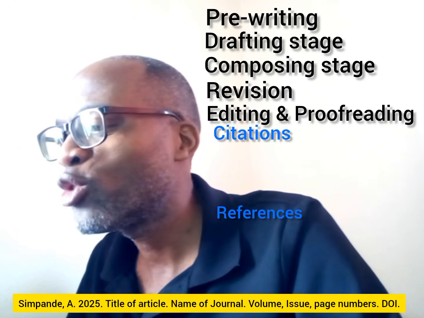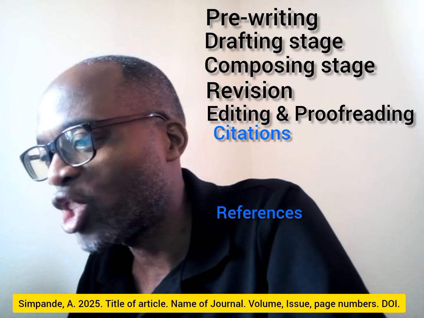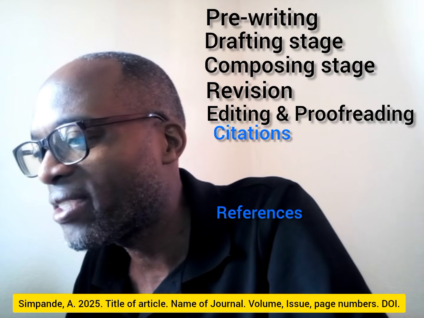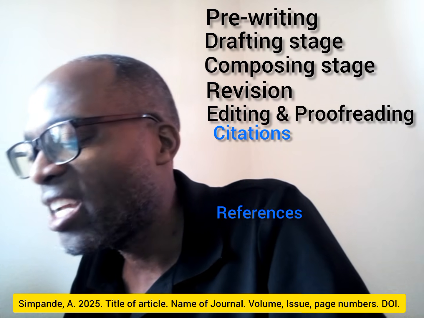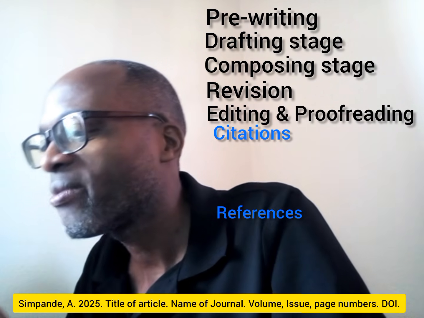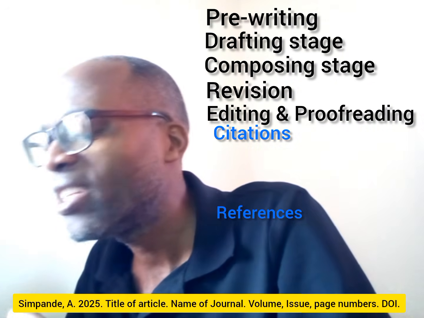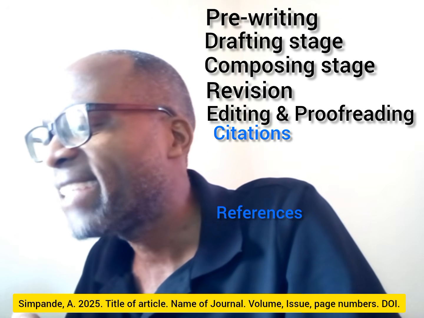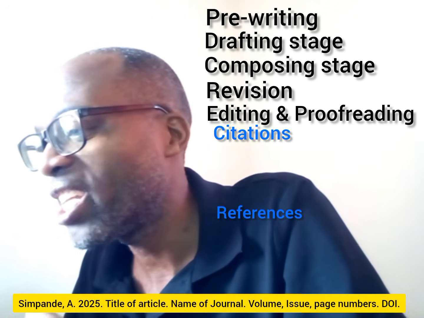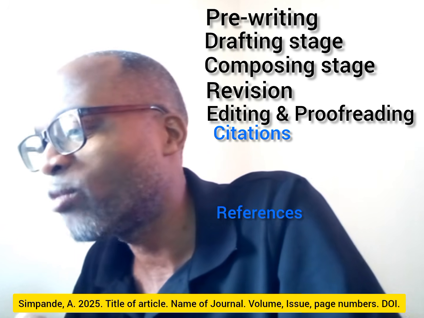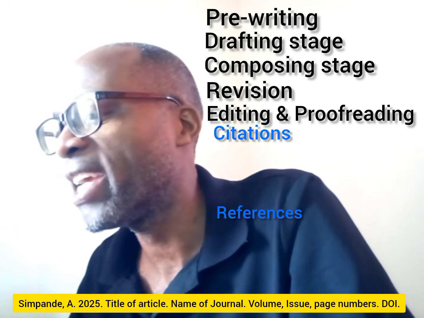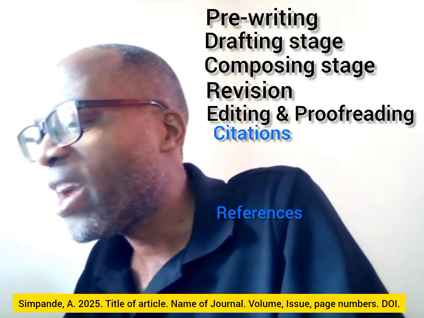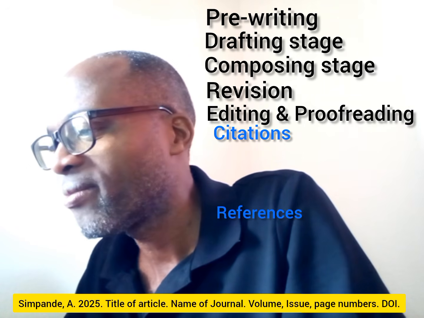And then you are going to provide the name of the journal where the article appears. Then you are going to indicate the volume of the journal, the issue of the journal, the page numbers where the article appears in the journal, and sometimes even what we call the DOI, the digital object identifier, which is more like a link. Why is this important?